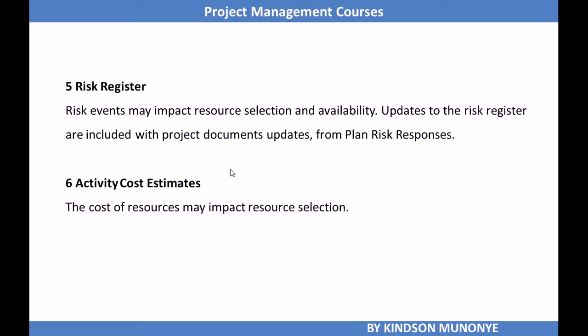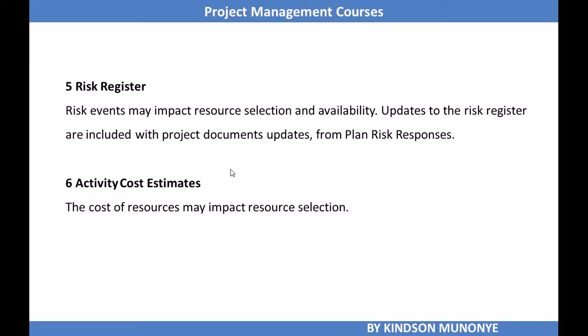Another input that we need for estimate activity resources is the risk register. Well, risks are something that is inevitable in a project. You must always take note of risks when you are making estimations. And so risk events may impact resource selection and availability.